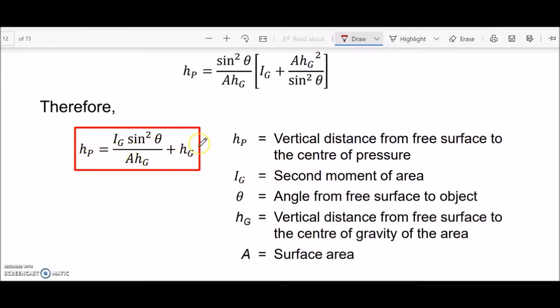This is for the HP, which stands for the vertical distance from free surface to the center of pressure, equal to IG, the second moment of area, times sine square theta, over the surface area times hg, the vertical distance from free surface to the center of gravity, plus hg. Okay, hg again.